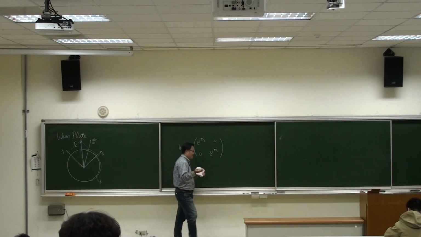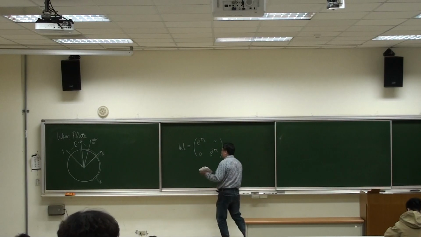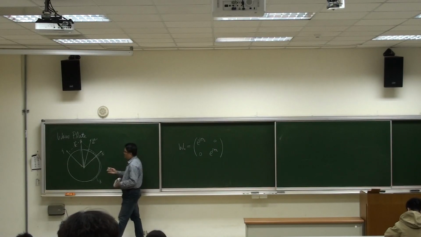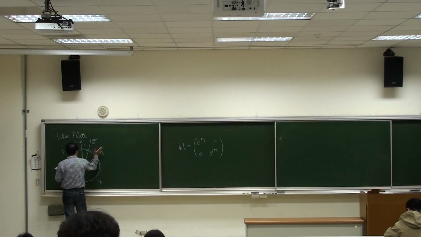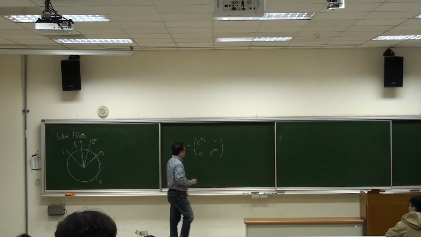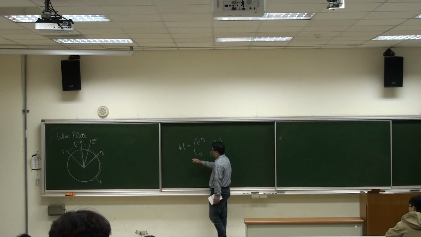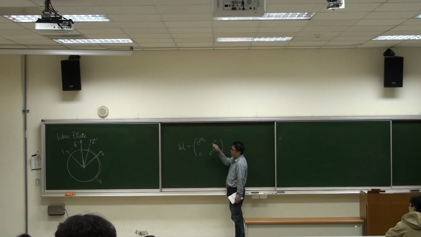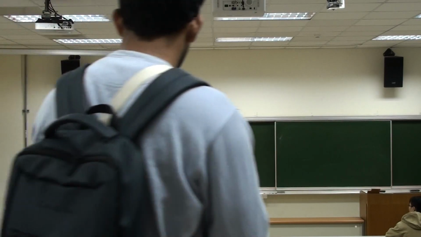If we consider this problem in the so-called crystal graph, crystal graph means that the x-axis is the slow axis, the y-axis is the fast axis. So the mathematical representation of this wave plate in the crystal graph is the W0 matrix.